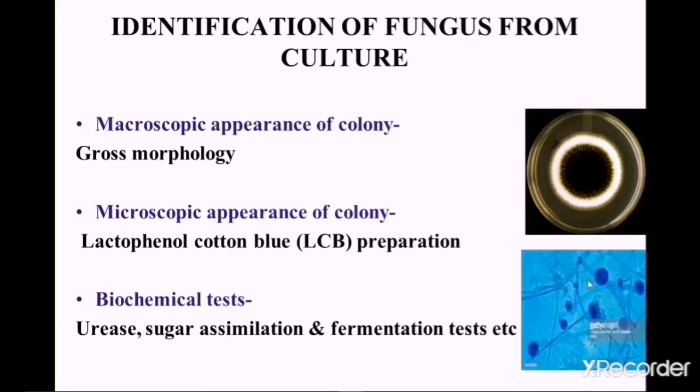If you pick up a colony, place it on a slide, add this stain and observe under the microscope, you will observe fungi. Then you can also perform biochemical tests which are similar to those for bacteria, for example, urease test, fermentation tests, etc.